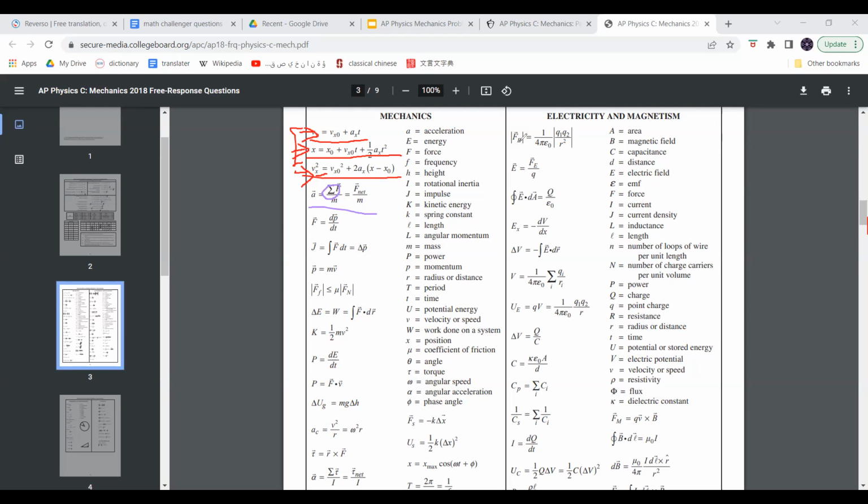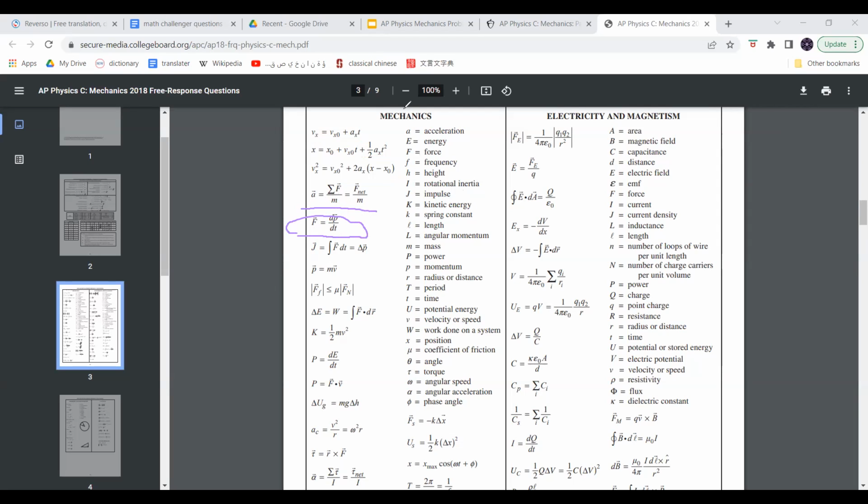These two mean the exact same thing: F net is equal to ma. You probably know that equation because physics 1 does this as well. This was Newton's original way of stating his second law, and that is basically force is the derivative of momentum, or basically it's the change in momentum over the change in time.